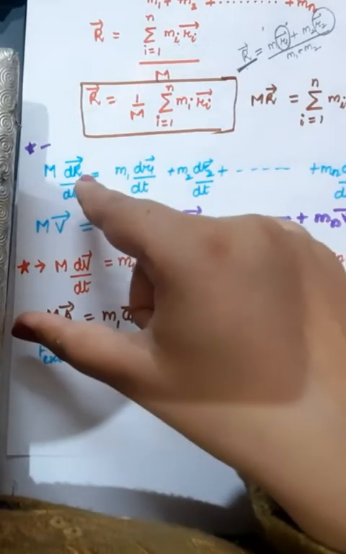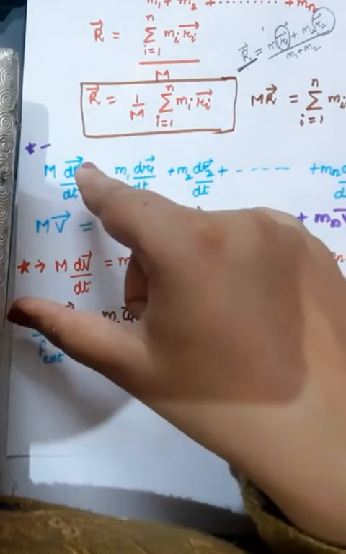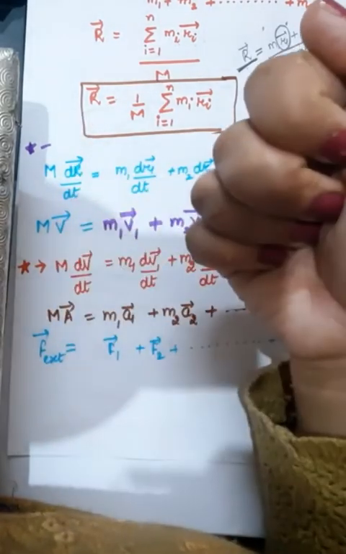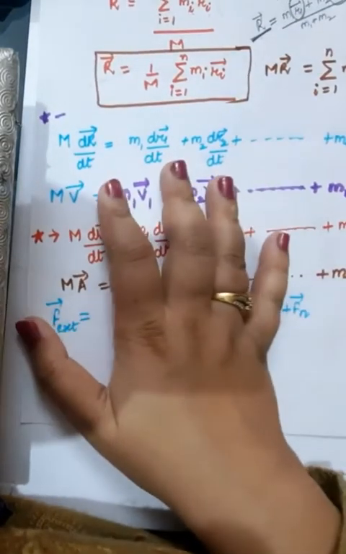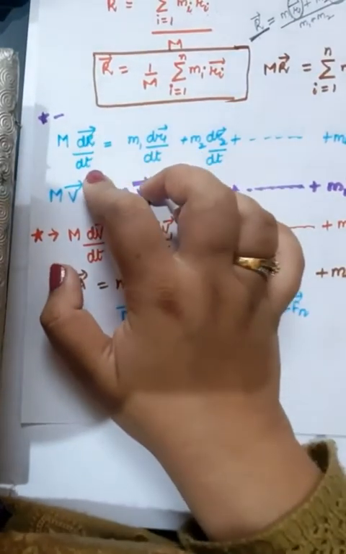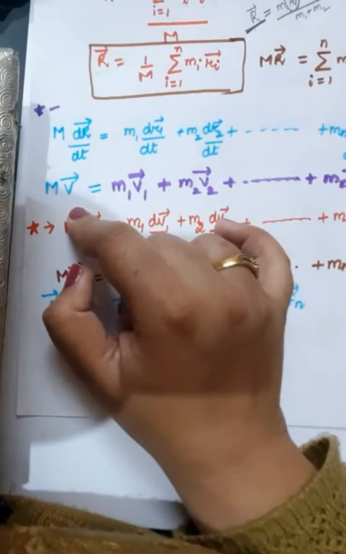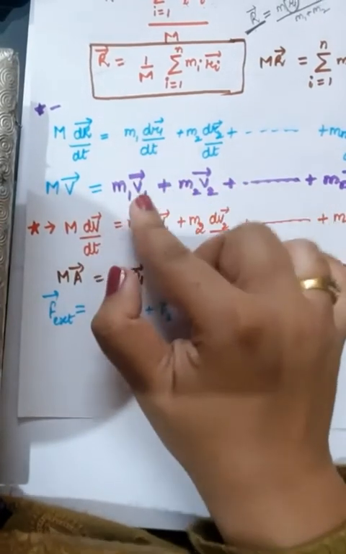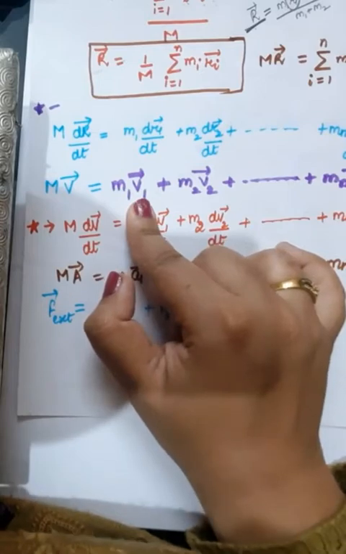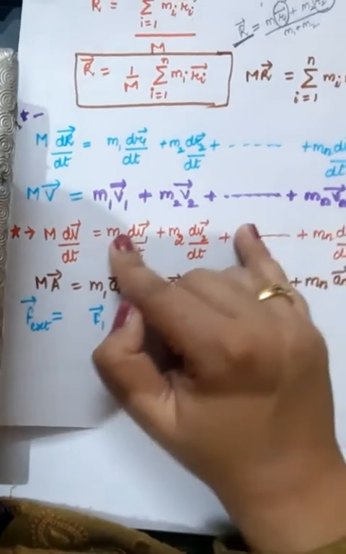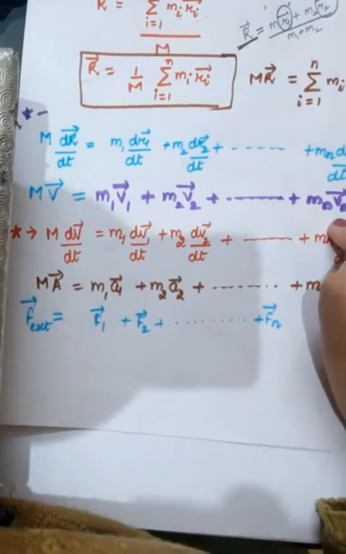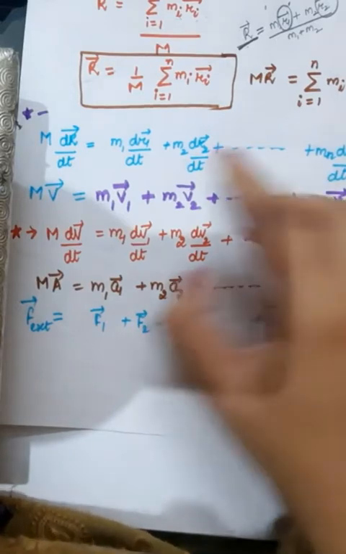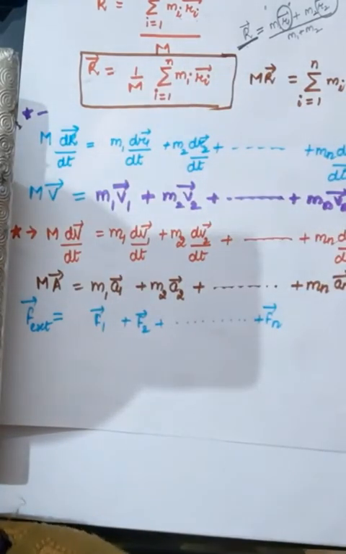This capital R vector is the position vector of center of mass. So dR vector by dt equals velocity of center of mass, V vector. dr1 by dt is v1 vector, the velocity of the first particle, then the velocity of the second particle, and so on up to the velocity of the nth particle. So this is yet another equation that you have got, right?